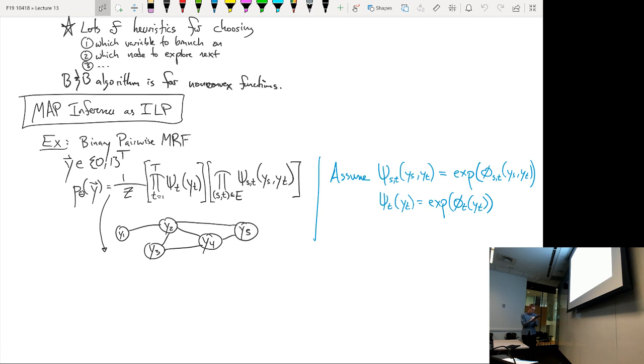And so in this case, we can now write the log of p theta of y as a sum over t of phi t of yt plus a sum over each of the edges, which are the st pairs in an edge set E, of phi st ys yt, minus some log z. Okay.